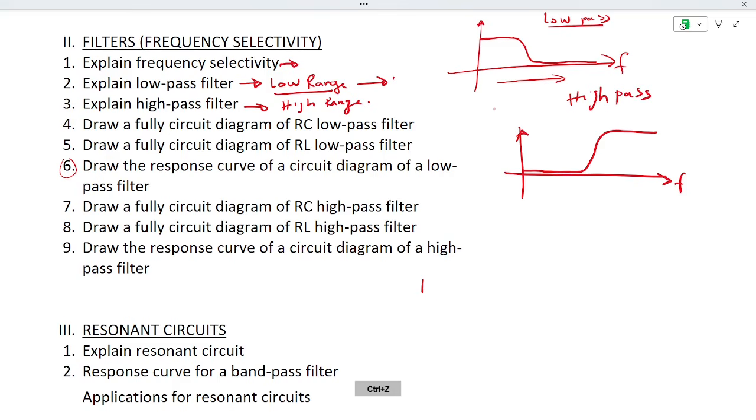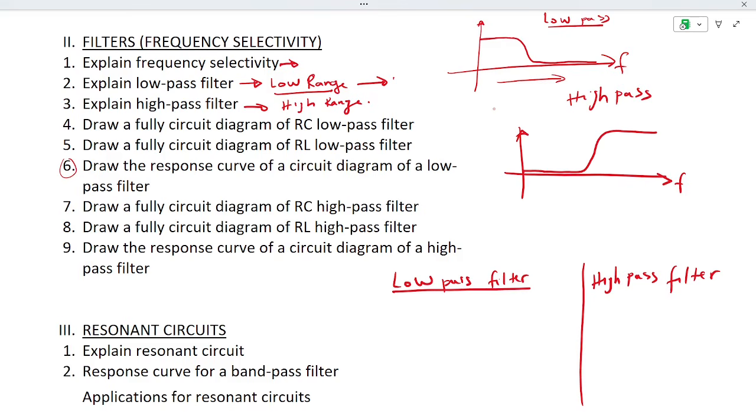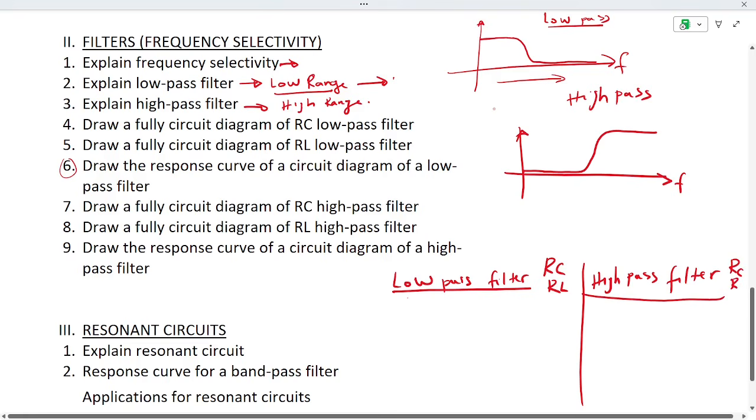On one side we draw the low pass filter, and on the other side we draw the high pass filter. You can have a low pass filter with an RC circuit and an RL circuit. It's possible, and there is also a high pass filter for RC circuits and RL circuits.